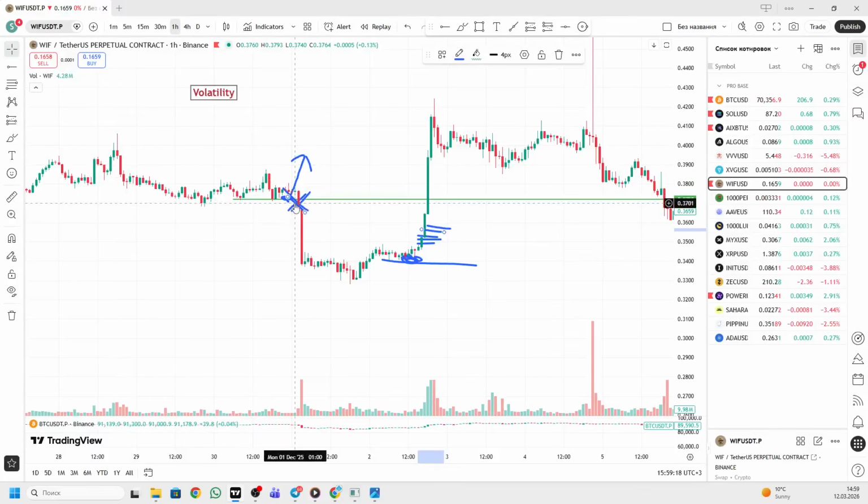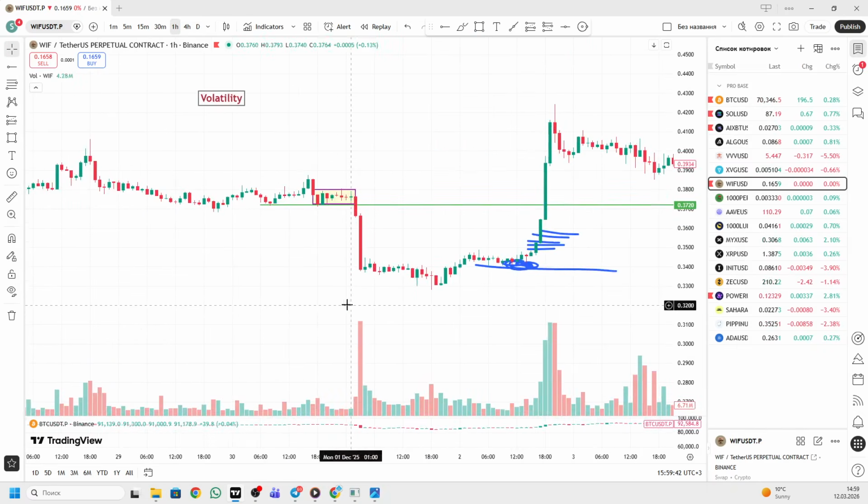Let's take these ones. And what we can do, if we are on 1 hour time frame, that means we are looking at how the asset behaved over the last 10 hours. It's approximately 10 candles, okay?